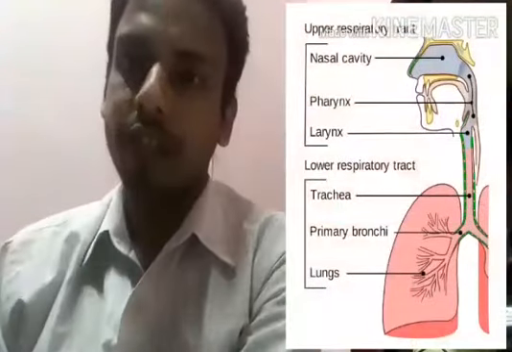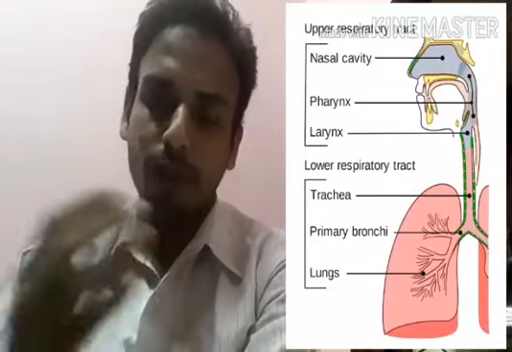This respiration process involves an organ system called the respiratory tract. The respiratory tract is responsible for performing the respiration action.